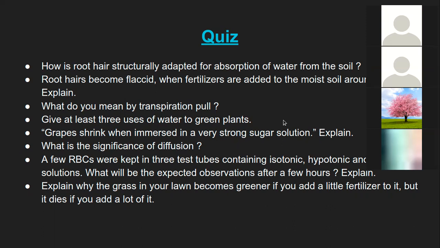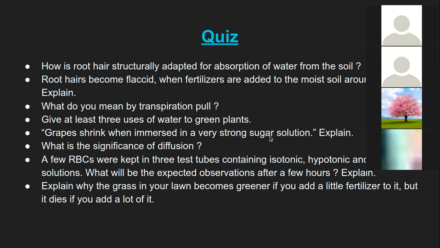Correct. So a simple mechanism, even if you mention that it is an exosmosis process, whoever corrects your paper will easily get an idea that this person has some idea. So what happens is, outside the grape there is a very strong sugar solution.